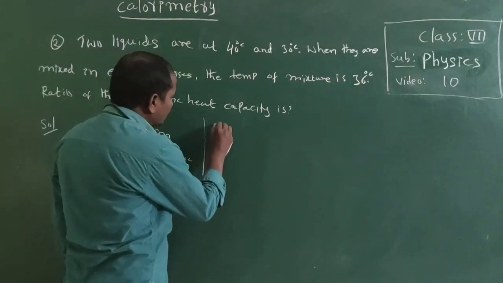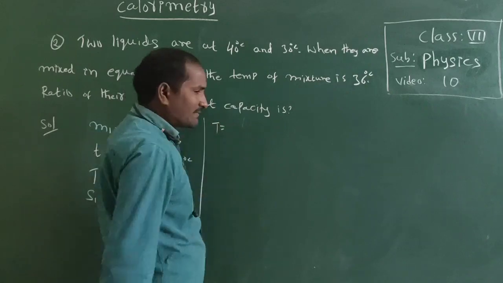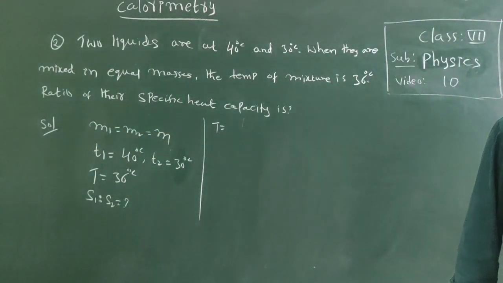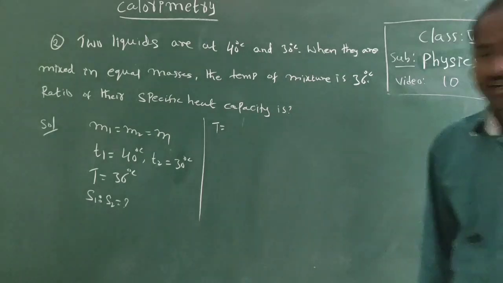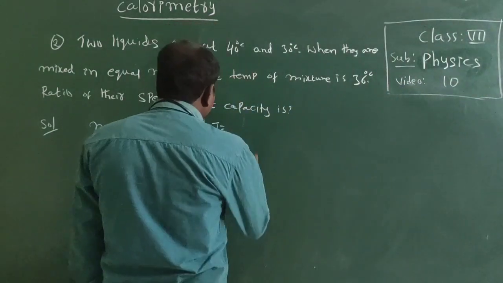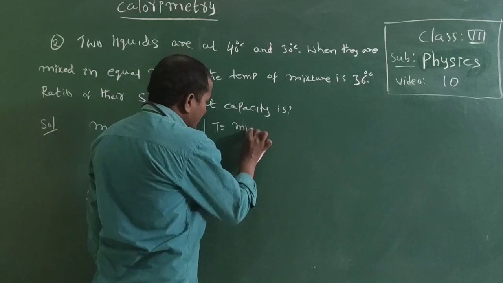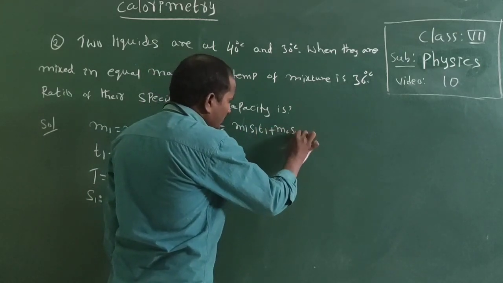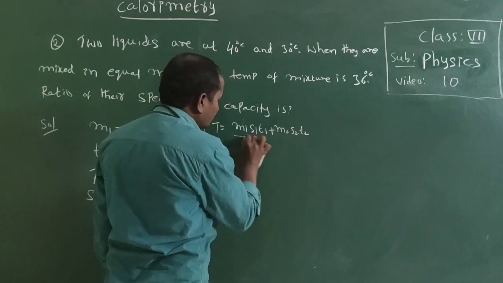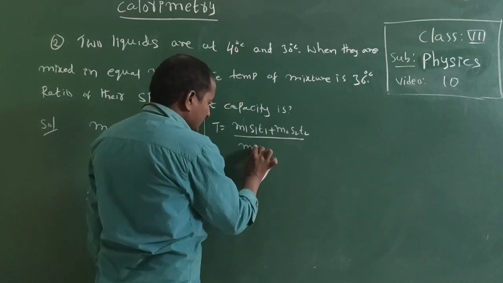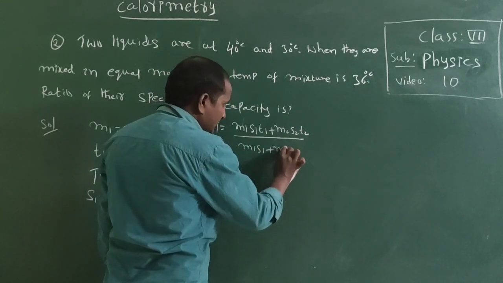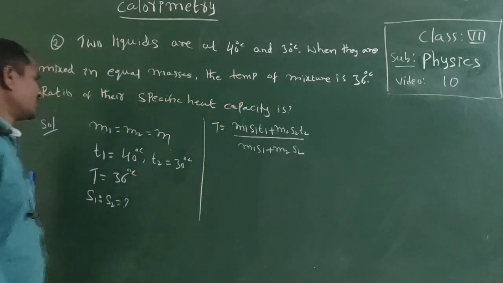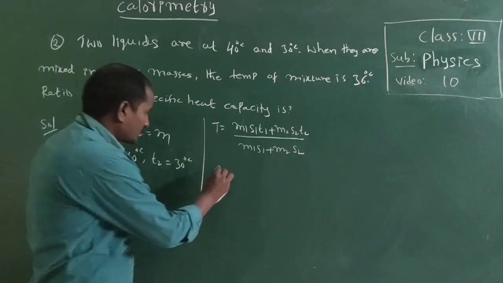So the two liquids are mixed together with different mass, different specific heat capacity and different temperature. Then the resultant temperature is M1 S1 T1 plus M2 S2 T2 by M1 S1 plus M2 S2. What are the given values here? Mass is equal.